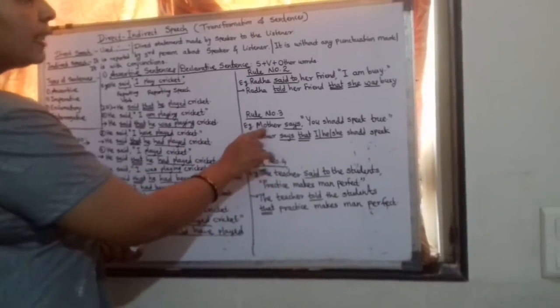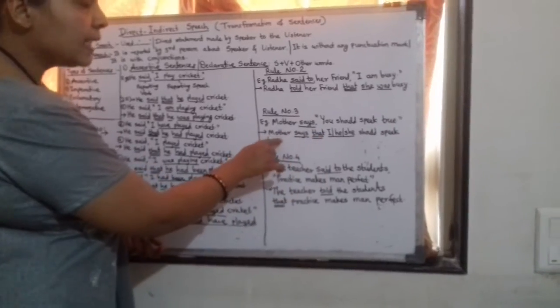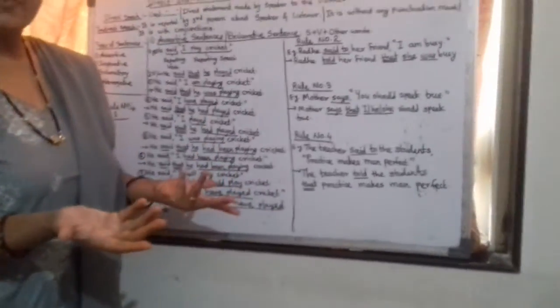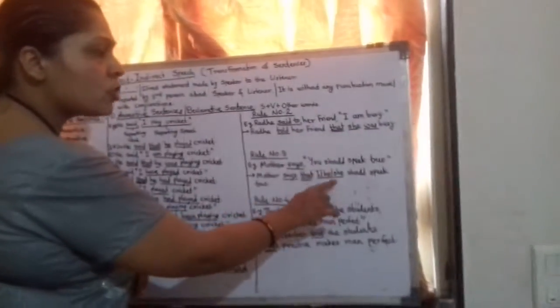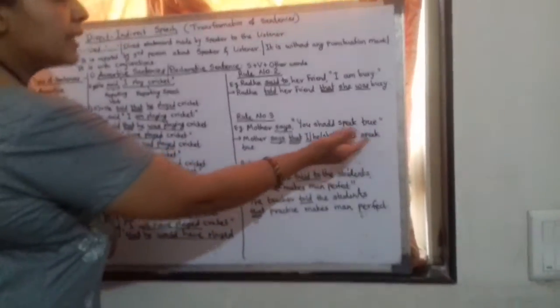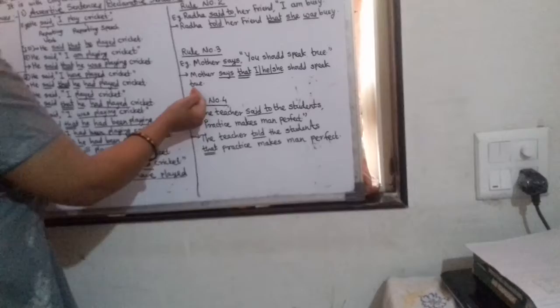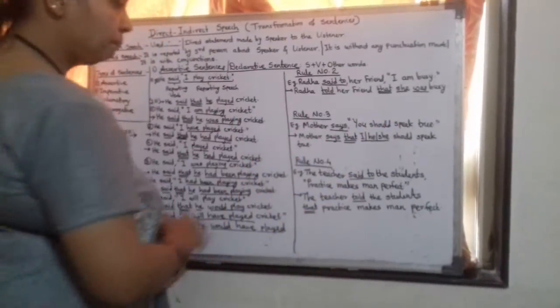For example, in this sentence, it is written in indirect speech accordingly: Mother says that you, and mother can address anyone, it can be I, he, or she also. But immediately after that we have to write down the sentence as it is, that is, should speak true. It is not necessary to make any changes in the verb.